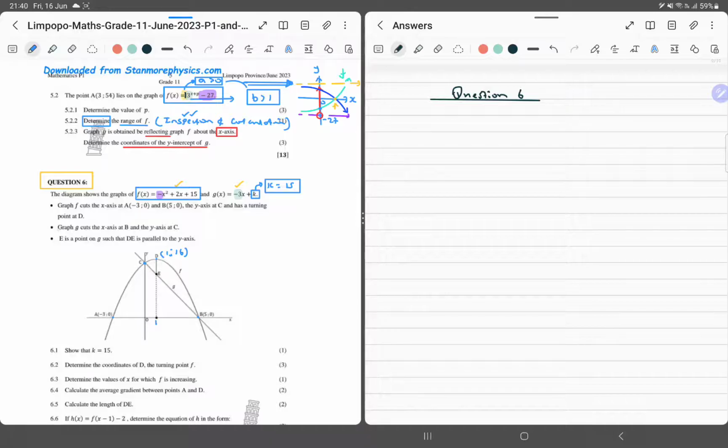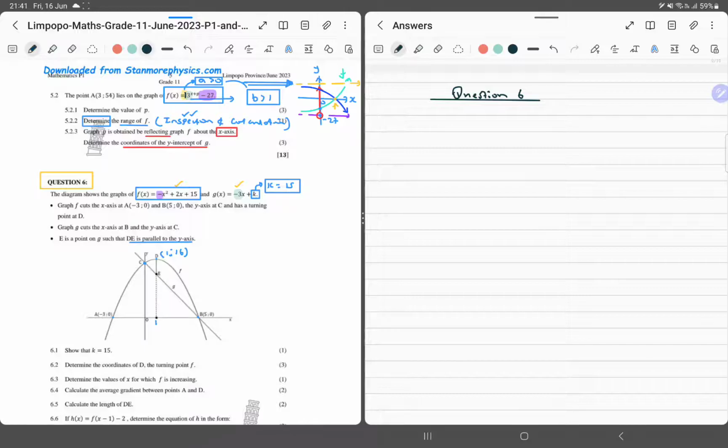Let's read further. It says now the graph of g cuts the x-axis at B. Again, we can see that's a point of intersection of the two, so it's a common x-intercept. And the y-axis at C, again, it's a common y-intercept. So that's fine. We can see it. E is the point on g such that DE is parallel to the y-axis. What is the significance of that?